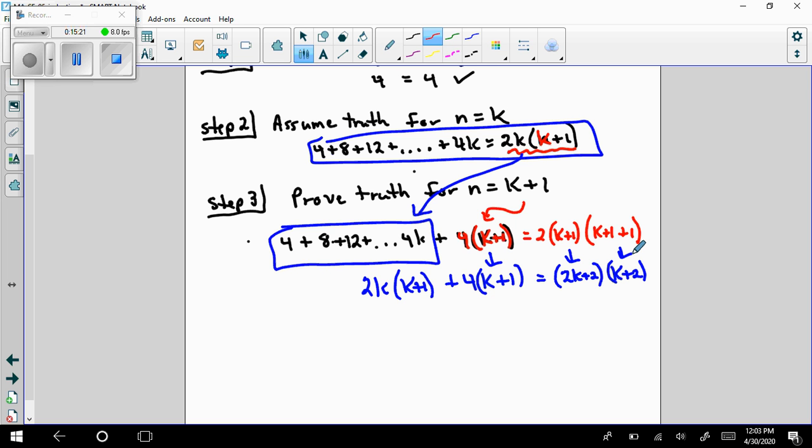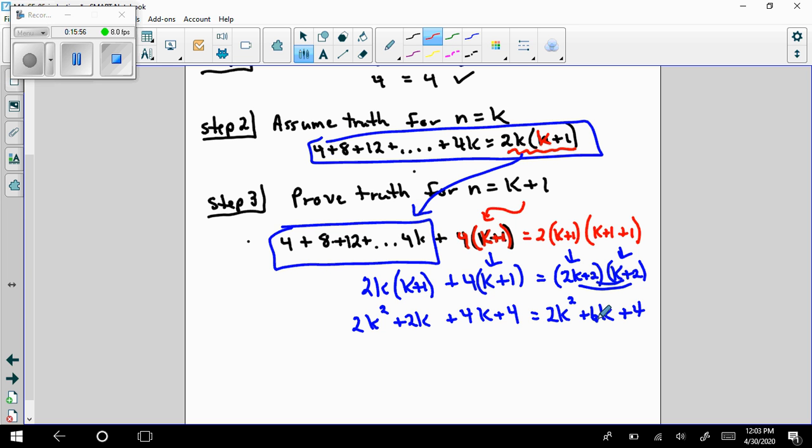And there's where k plus 1 plus 1 is k plus 2. Okay, so if I distribute my 2k, I get 2k squared plus 2k plus 4k plus 4. I'm trying to get my left side equal to the right side. So if I FOIL this out, 2k times k is 2k squared. My outside and my inside are going to be 4k plus 2k, which is 6k, plus 4.